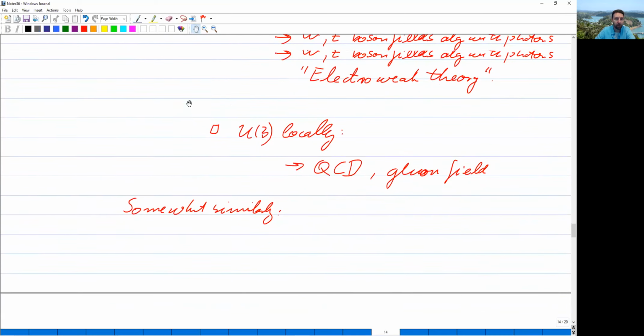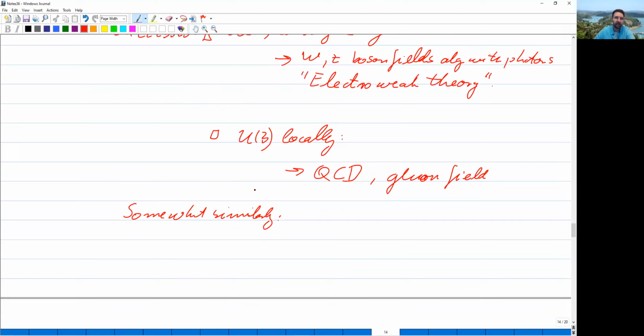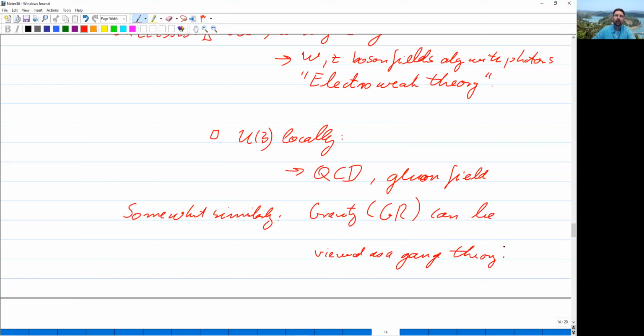However, what might also count as a success is that gravity, that is to say general relativity, can be viewed as a gauge theory too. And what is the local gauging here? Local Lorentz or Poincaré transformations.